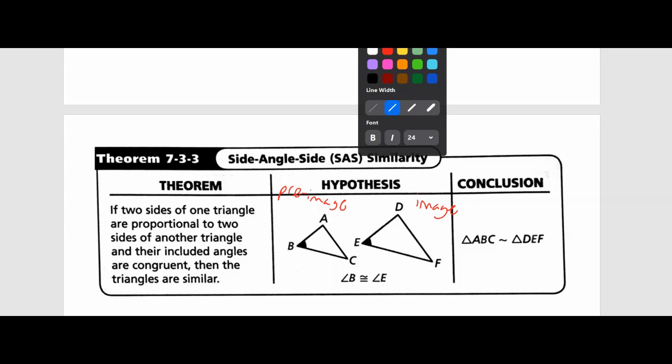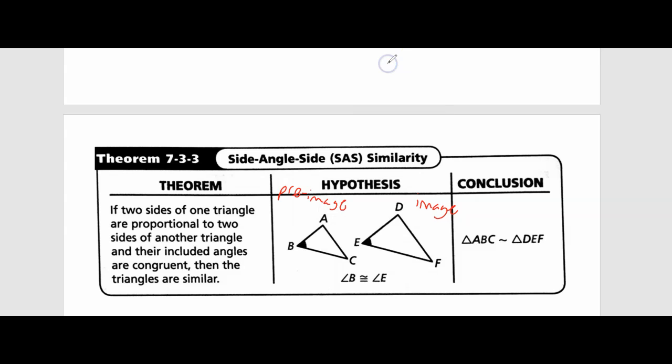So we would also need to know that the ratio of DE to AB was equal to the ratio of AF to BC. All right, so both of those ratios need to be equal, as well as angle B and angle E being congruent. Then we could say that the triangles are similar.